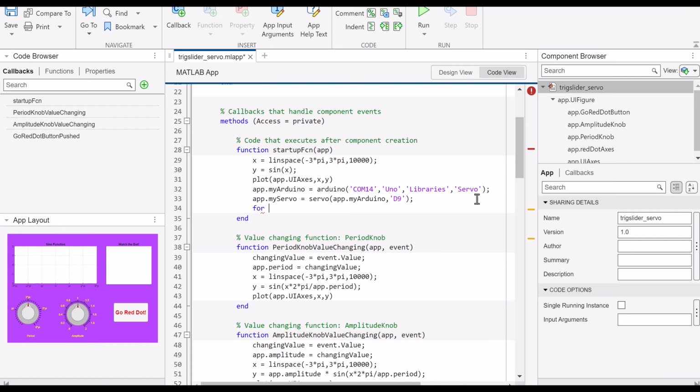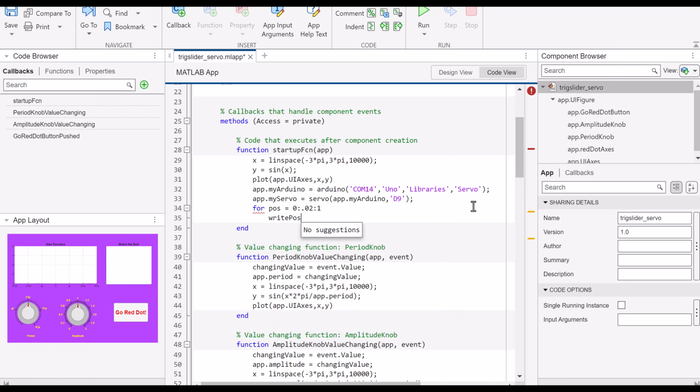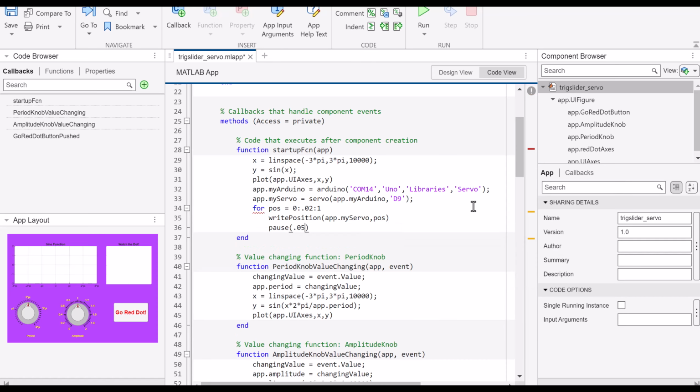So for position going from 0 to 1 by 0.02, let's write position app.myservo, position, pause 0.05, and end.